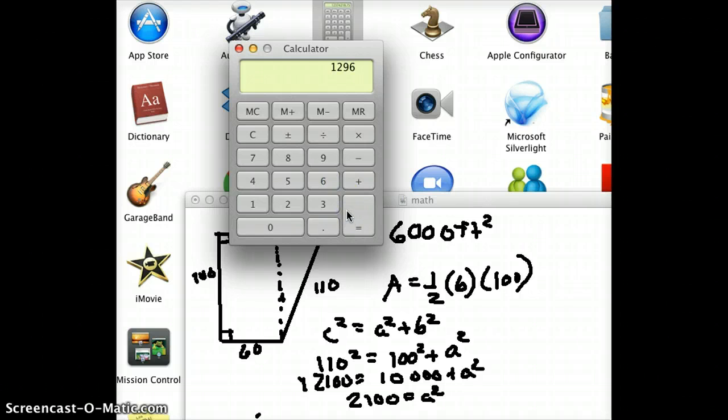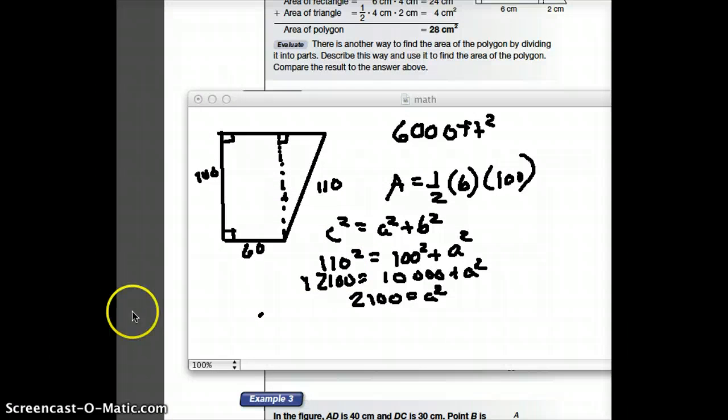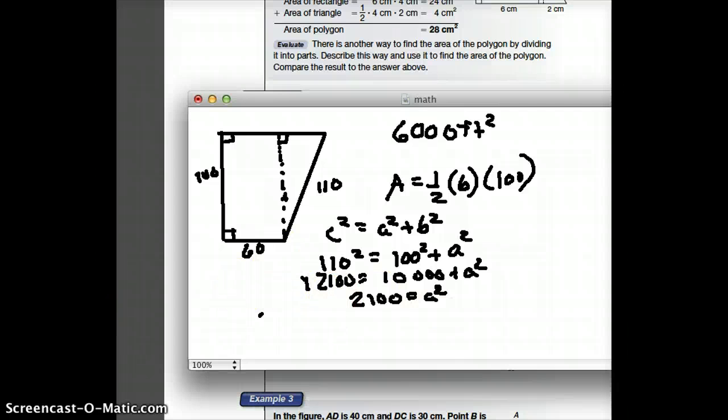Make sure the square root symbol on your calculator looks like this. So you take the square root of 2,100, and that's going to give you a. That's going to be close to 46. Okay, so 46 goes here.